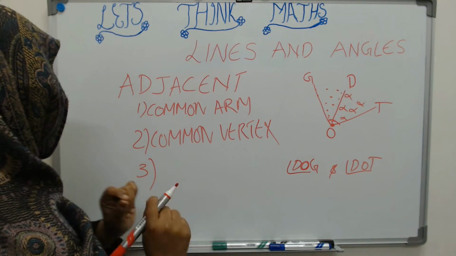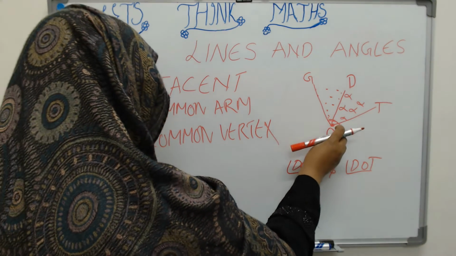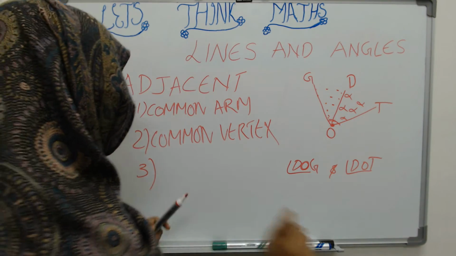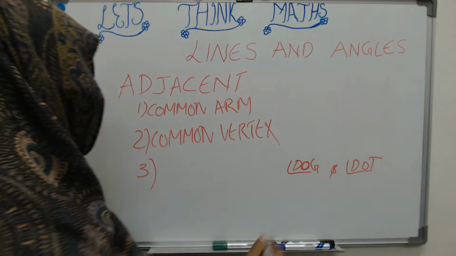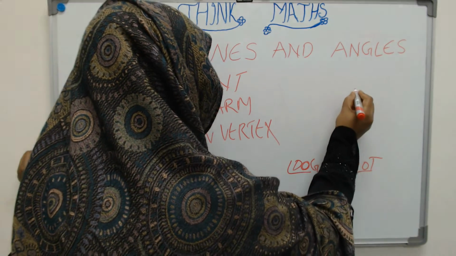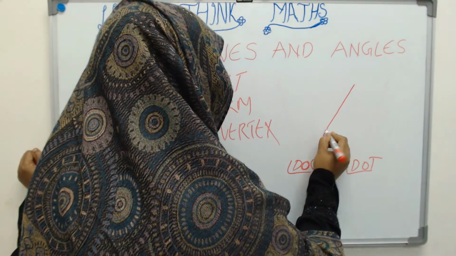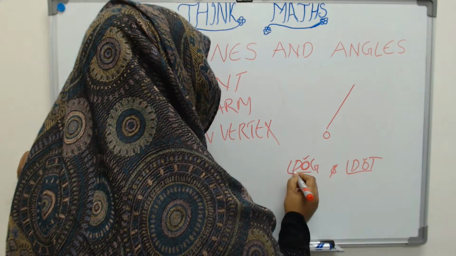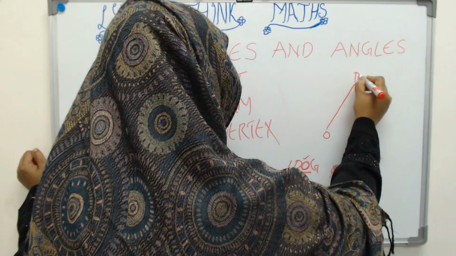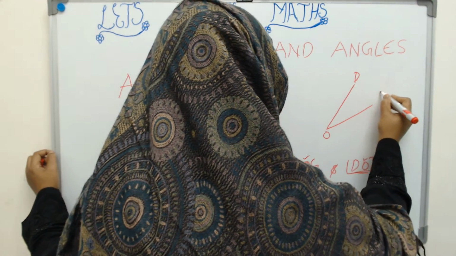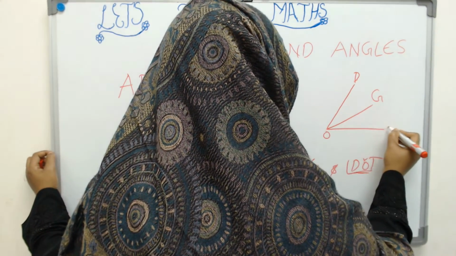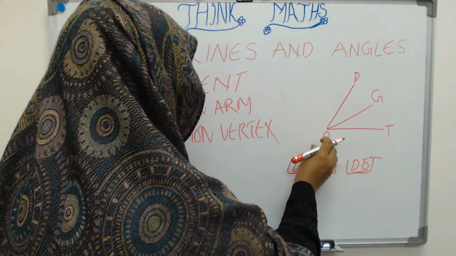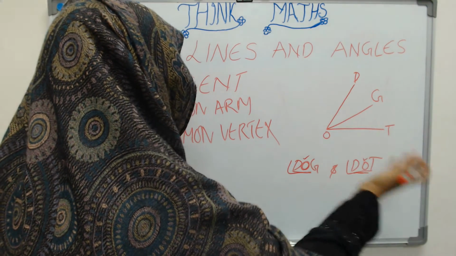Now I will show you an example where they will share the same vertex, the same arm, but still they will not be adjacent. Now again we will construct this. The common vertex, the one which comes in the middle, the common arm which is this, and so see, they have a common vertex and they have the common arm, but they are not adjacent. Why?